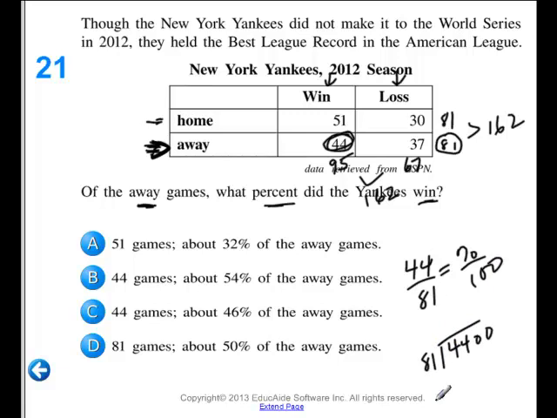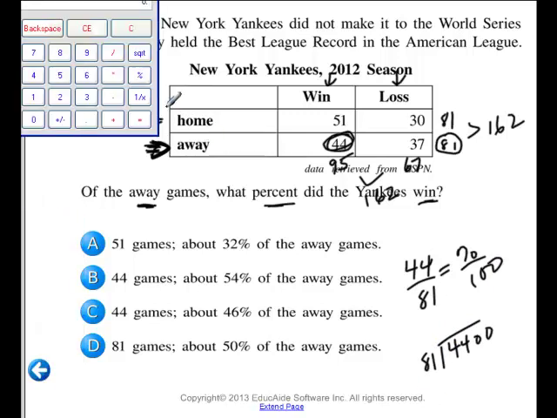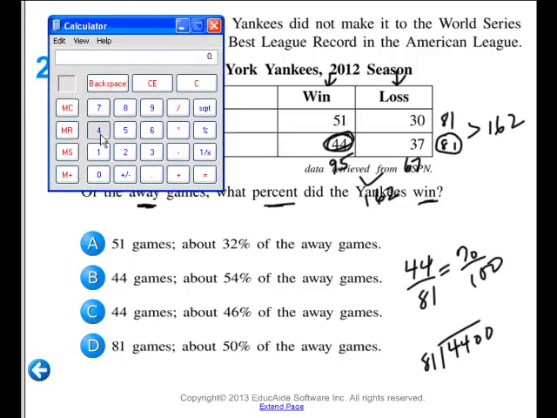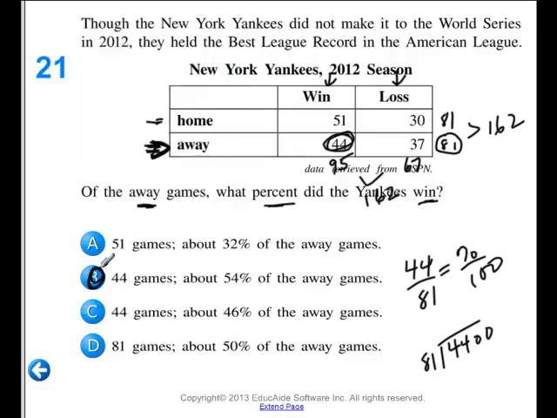And I'll use my calculator. 44 divided by 81. Okay, so that's about, move the decimal over 2 places, about 54%. So now, I could have done the shortcut too. 54% is above 50% or halfway. 46 is below. Well, I know 44 times 2 is 88. That makes this fraction more than half. So it had to be the 54%.